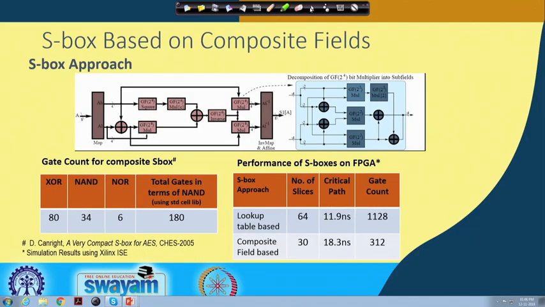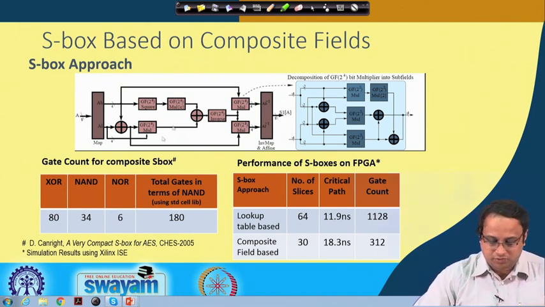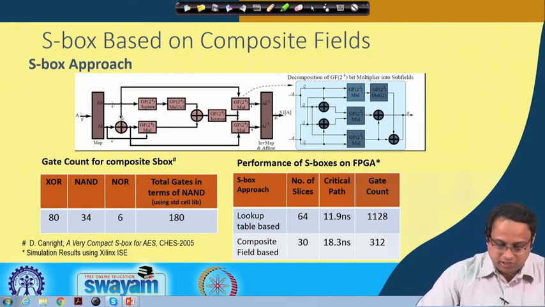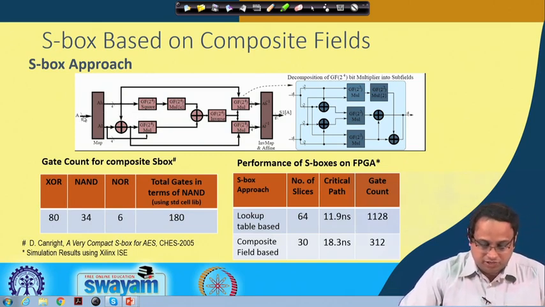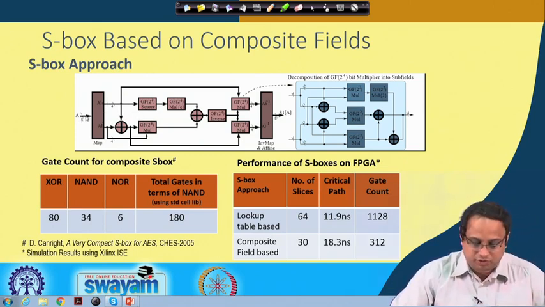You can see here that we would like to do this inverse calculation in GF(2^4)^2. These are your inputs, input A, which is in GF(2^8); we do a map and then get the result in GF(2^4)^2. This higher part, or AH as written over here, is essentially your gamma 1, and this is your gamma 0.